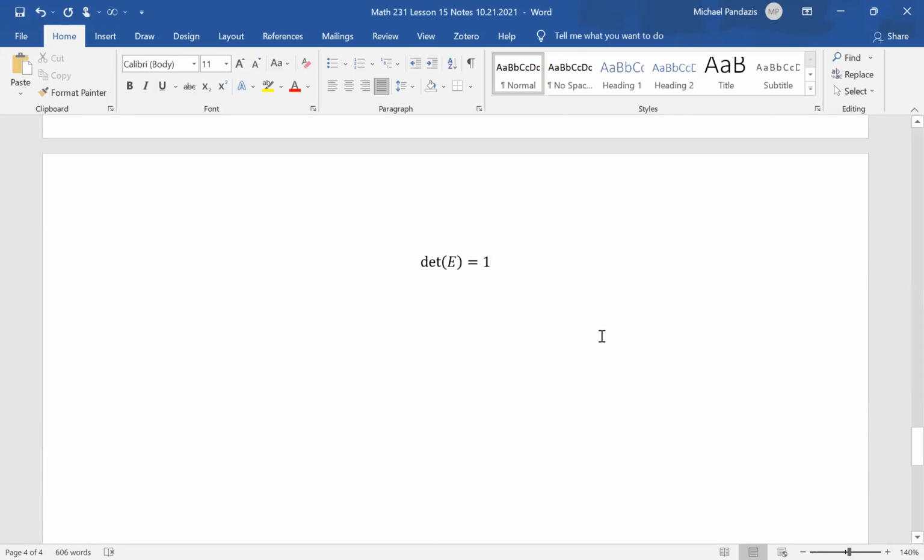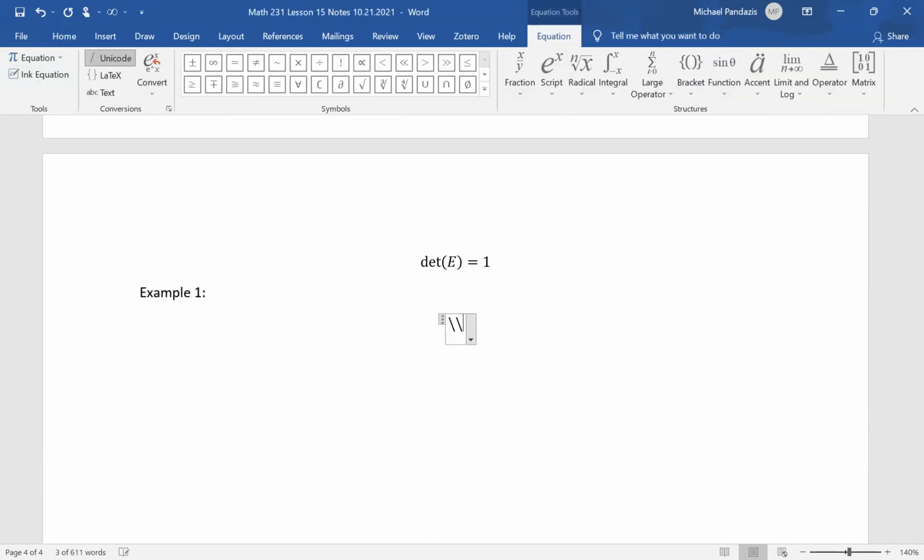Okay, so let's do examples. This is example 1. So if you take the determinant of this 3 by 3 matrix, where it's 1, 0, 0, 0, 3, 0, 0, 0, 1.